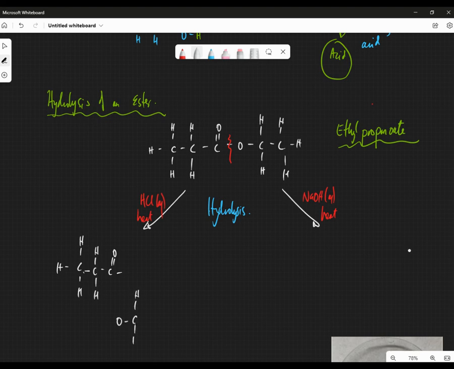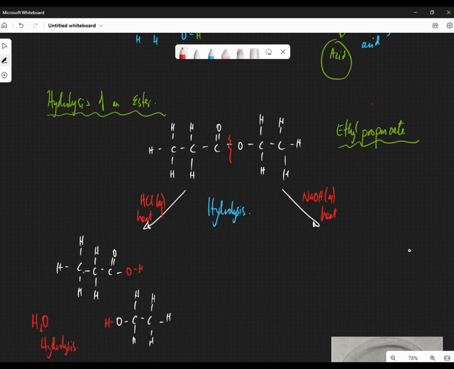Now I'm going to do the alcohol bit. So the acid gets what back? It gets an OH, and the alcohol gets an H back. And as you can see, that adds up to H2O. That's why it's known as a hydrolysis.